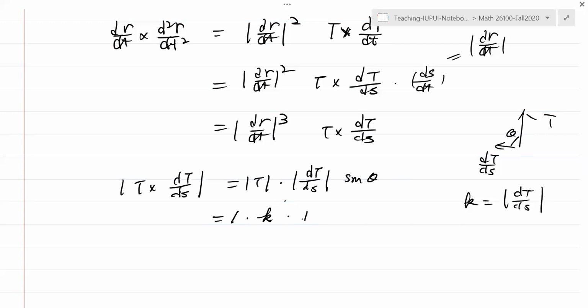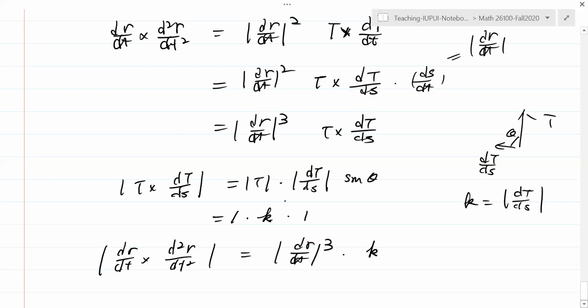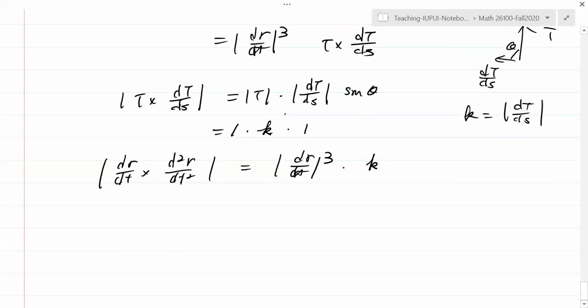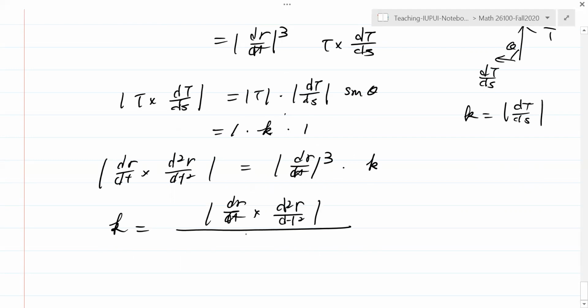So therefore, I take the length on both sides, and I get the curvature. Now I get another general formula. Curvature can be computed directly, bypassing the unit tangent vector.